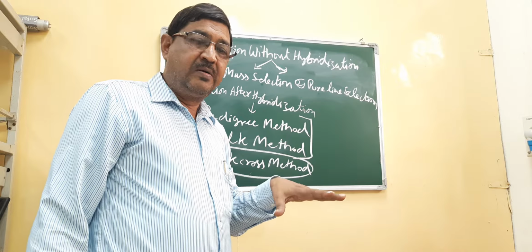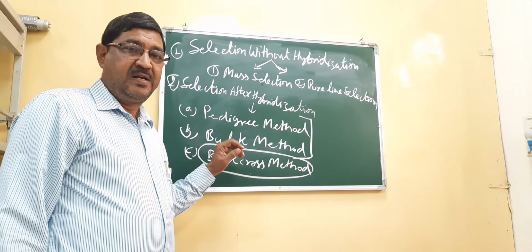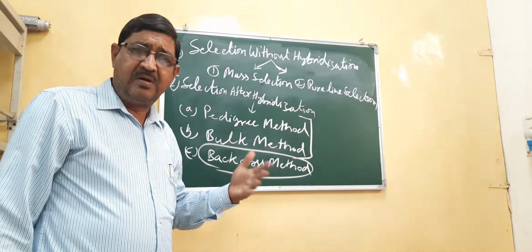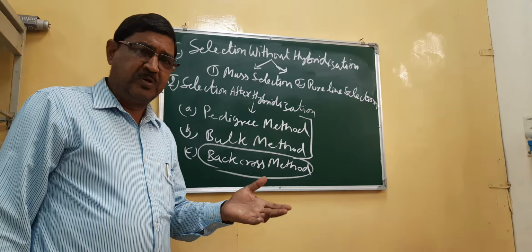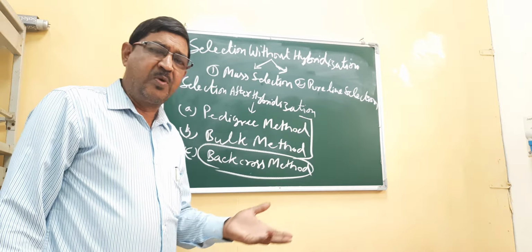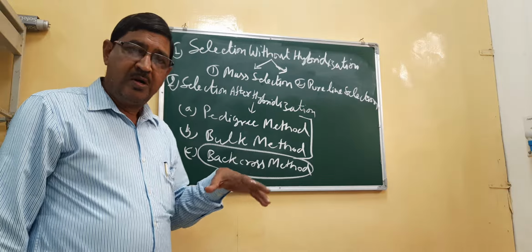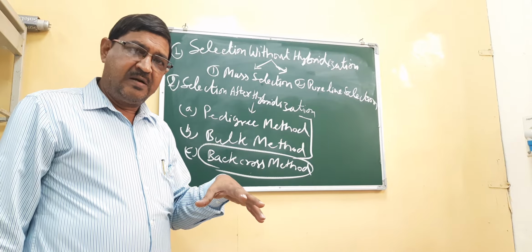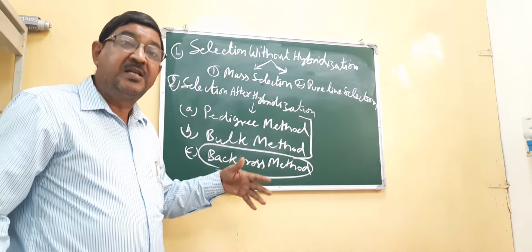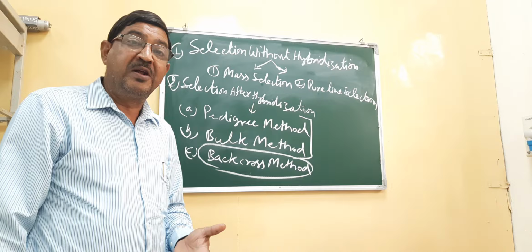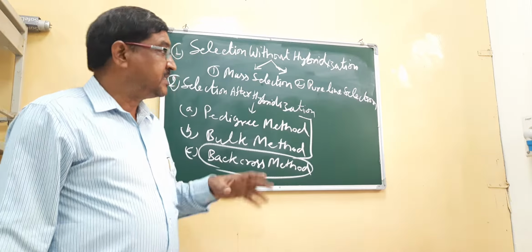Likewise, Pusa Basmati has been improved by incorporating some resistance genes through the molecular assisted backcross breeding method. So conventional breeding nowadays has changed to molecular assisted backcross breeding for improving any variety.